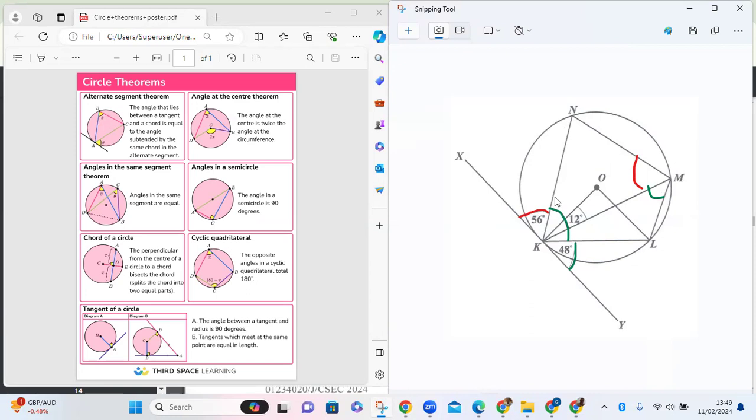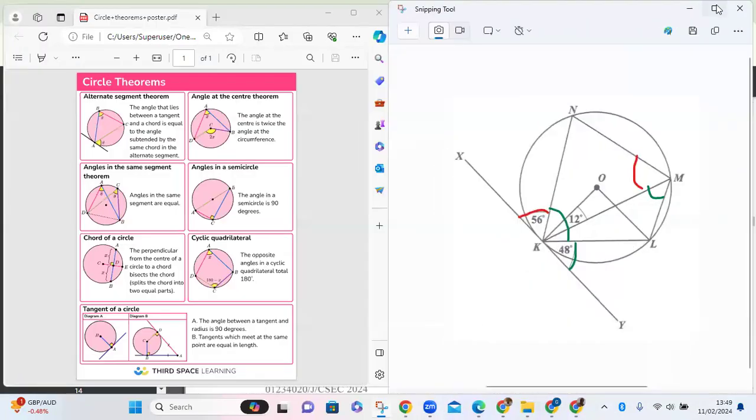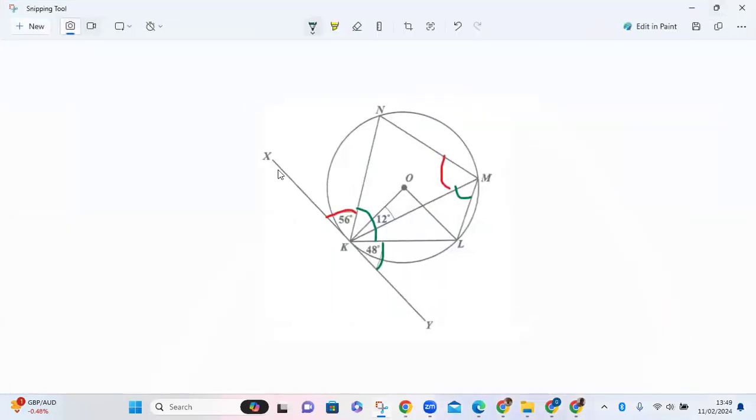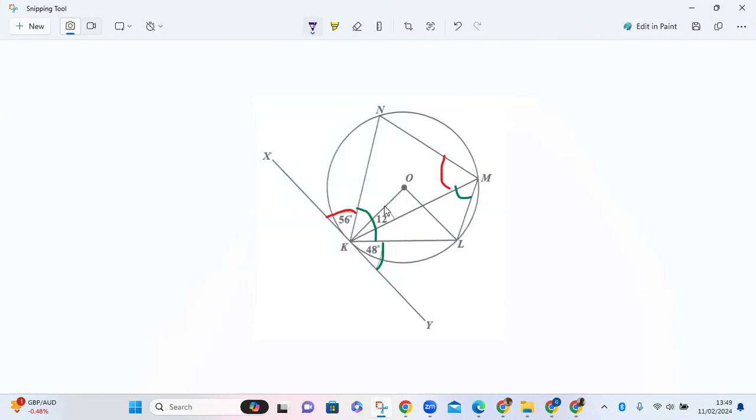Another theorem that we can take a look at is that the radius and the tangent make 90 degrees. Here it is. The radius and the tangent make 90 degrees. We have a radius, which is OK, and we have XKY, which is a tangent. So this radius and this tangent make 90 degrees.